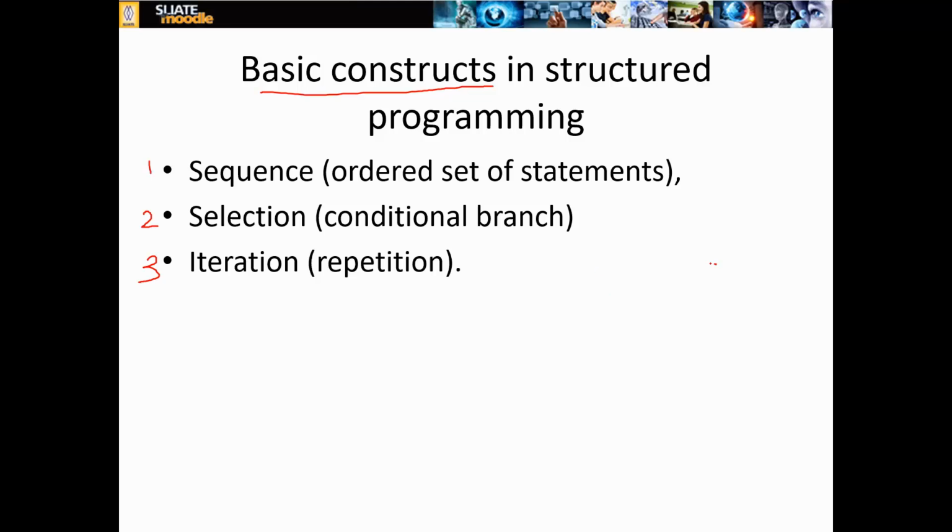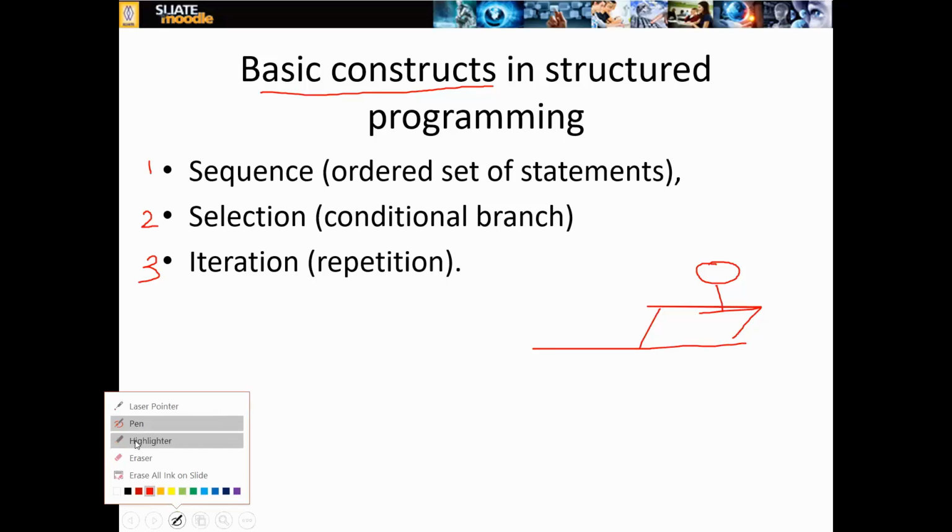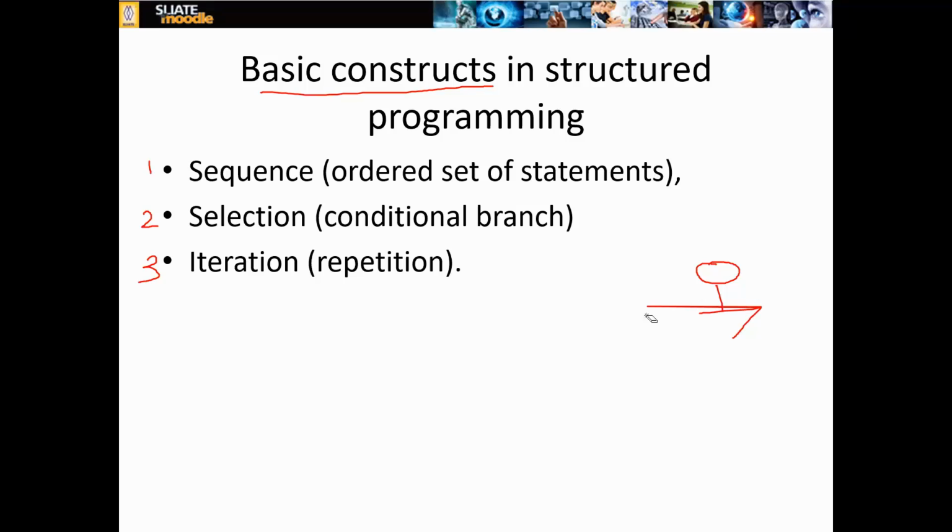You started your flowchart, and then sometimes you maybe input some data, and maybe you had a process and you ended it. Therefore, you had an ordered set of statements.